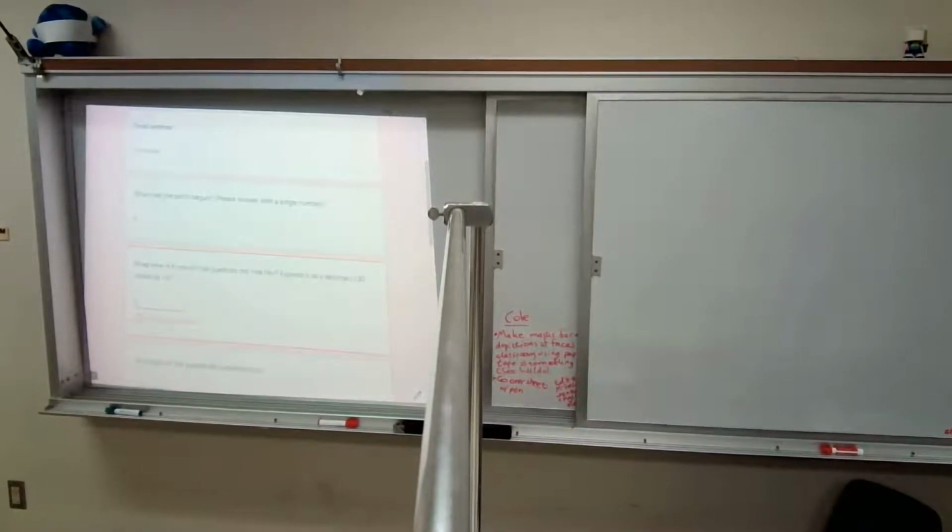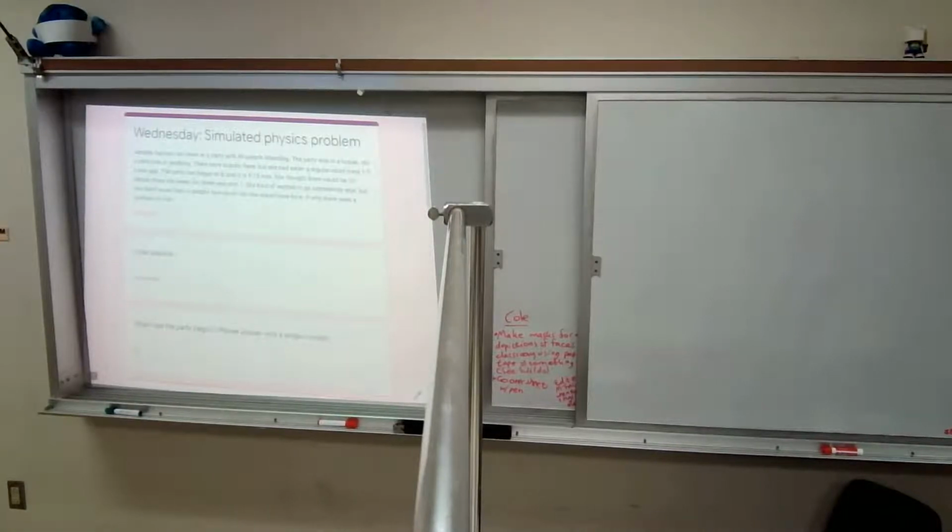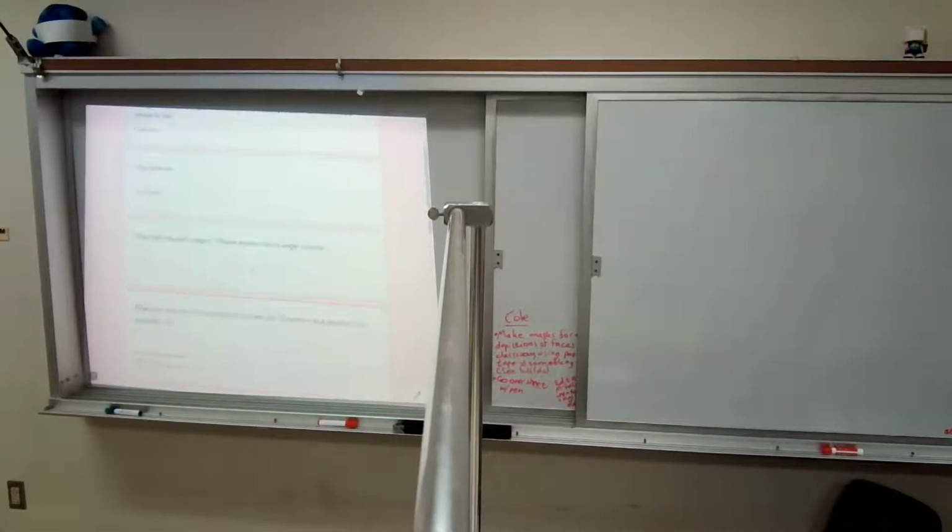Aha. So it says, what time is it now? And the question in real life, express it as a decimal. So like 1:30 would be 1.5. So it said it's 9:15 now. So if that's not 9.5, I give you a hint. 9:15 is 9:15.